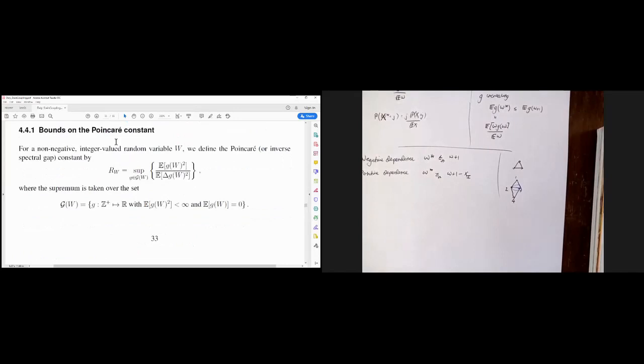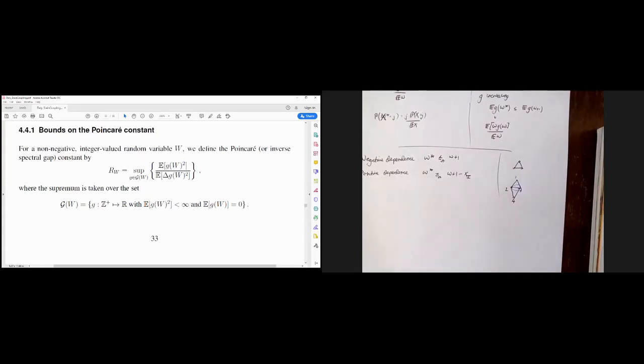So one way I can think about this is in terms of Poincare constants, or inverse spectral gap constants, telling me about the spectrum for Markov operators and gaps between eigenvalues.